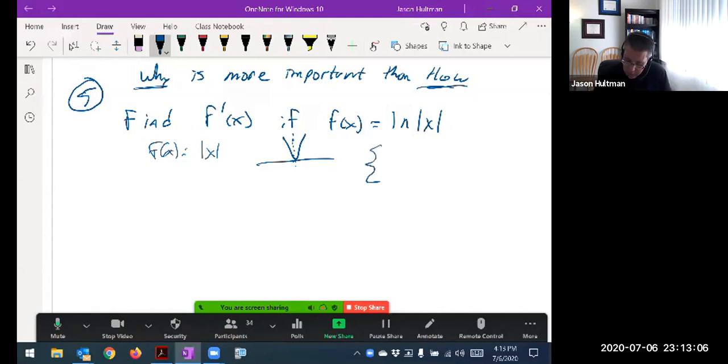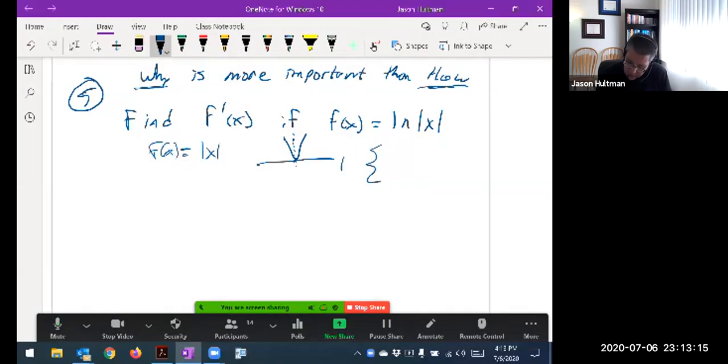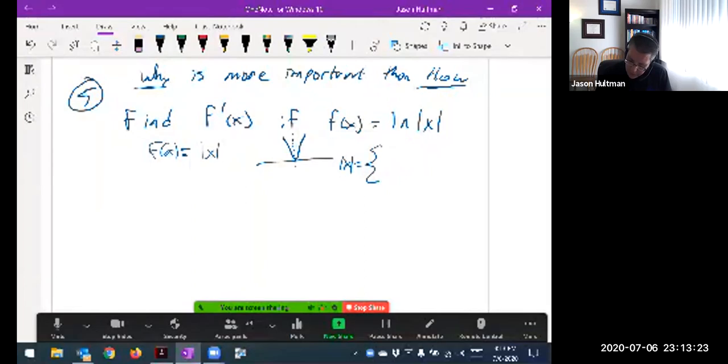It's what we call a piecewise function, and it says that f of x equals absolute value of x is x, it's the line x, is x when x is greater than 0. When x is greater than 0, then it is the line x.